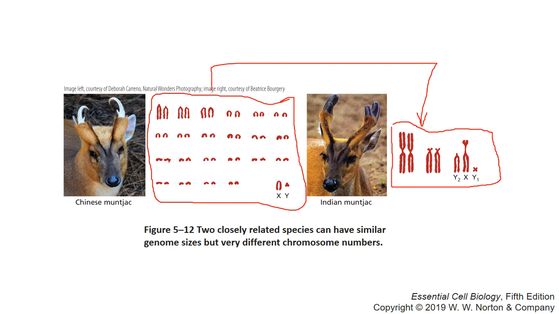But when we take a closer look, and you can't really see this from the picture, at the number of genes and their overall expression of their phenotype, we really don't see a major change. So it's all about how the DNA is compacted. The genes are still accessible between both species, allowing for very similar phenotypical expressions to occur.